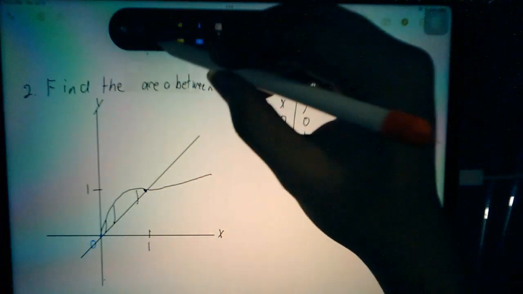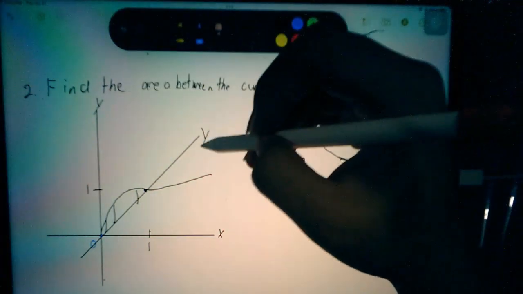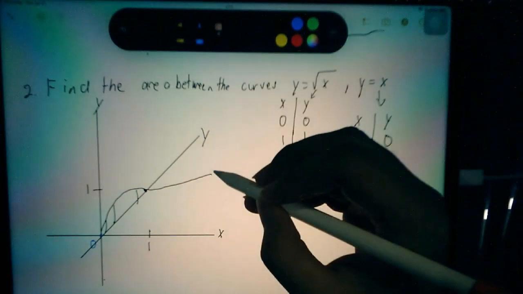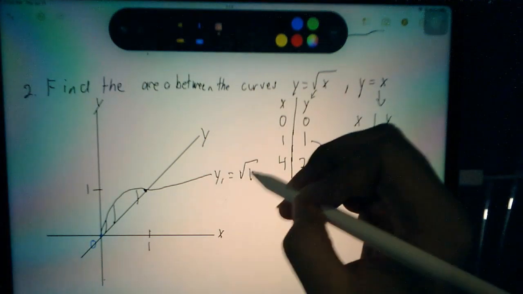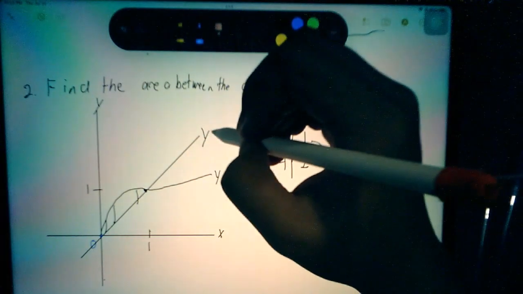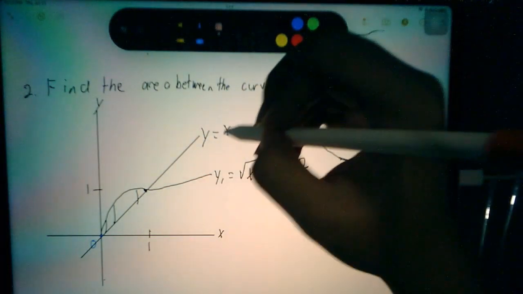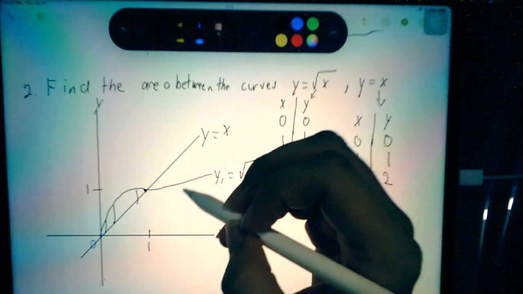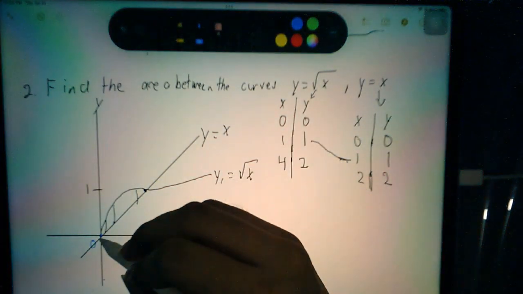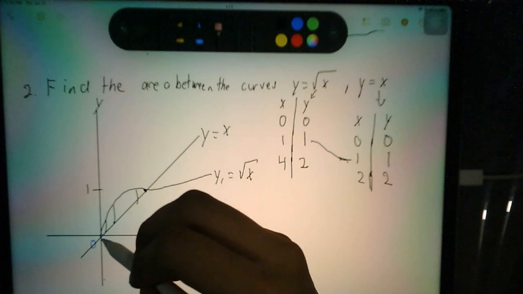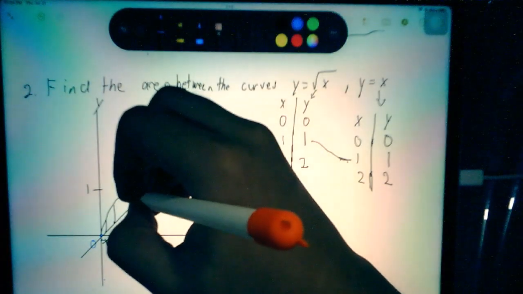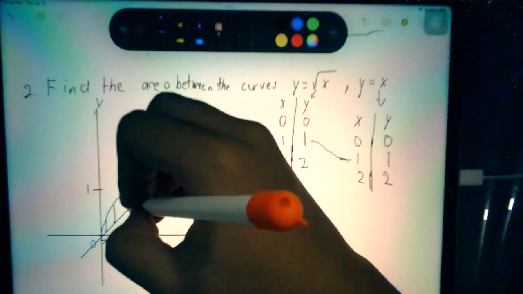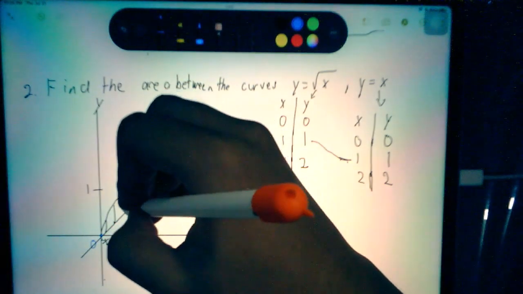Now we label this. First line is here y1 equals square root of x. Then our line here is y equals x. So now from this point, this is equals to x. First let me put a point here and make a vertical strip.